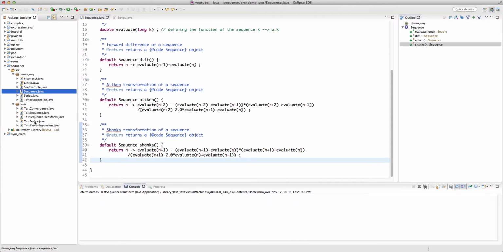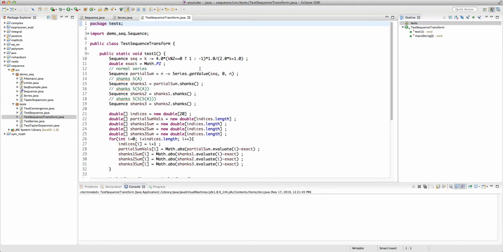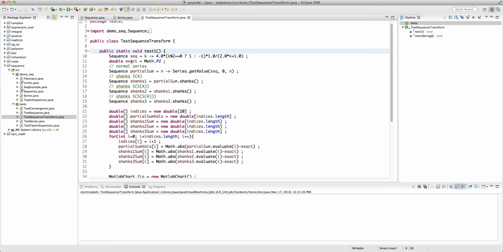So here I have created a test class, test sequence transform. All right, so what I'm doing here in this method, I create the sequence sec, which is k goes to 4 times 1 over 2k plus 1 times minus 1 to the k. So instead of using the power method, I implement this like this.